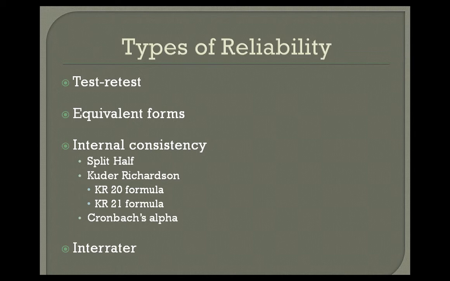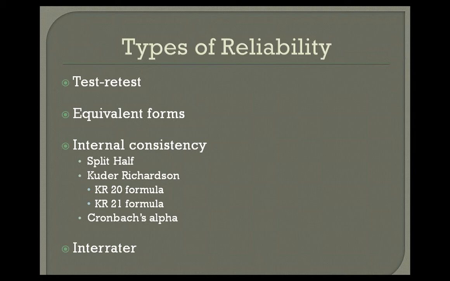Sometimes we don't have the luxury of giving an instrument twice, and we don't have two forms of the test. So in this case, we have to calculate internal consistency reliability, which simply means that all the items on the test or the instrument are measuring the same thing. We have several kinds of internal consistency. Split halves: we divide the test and take one half of the items and then the other half and correlate them.